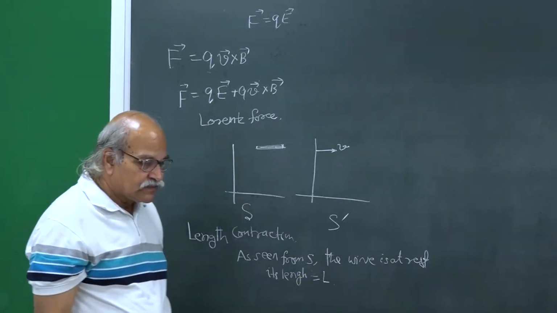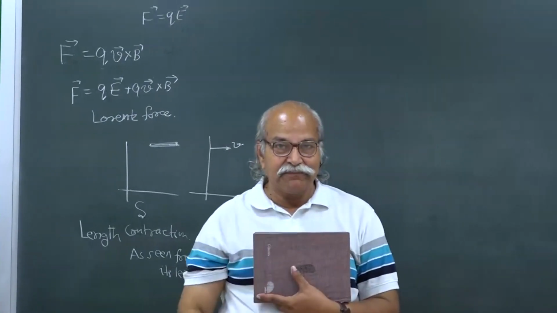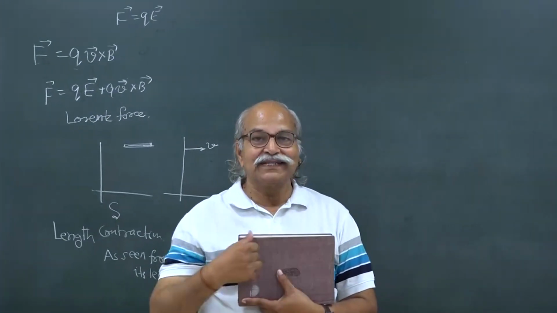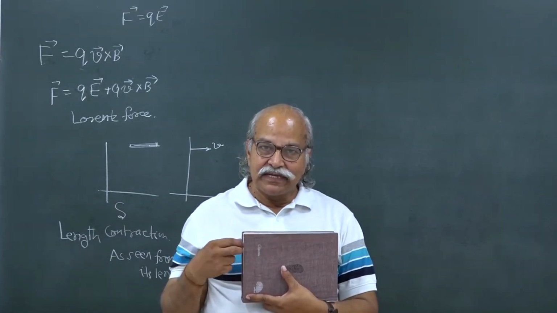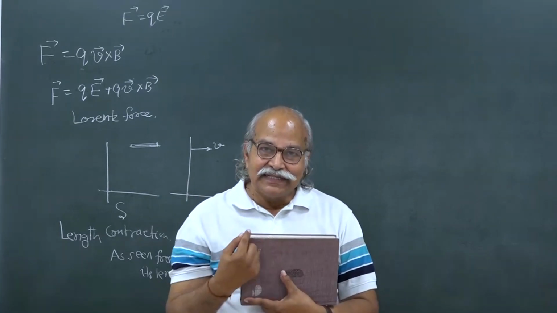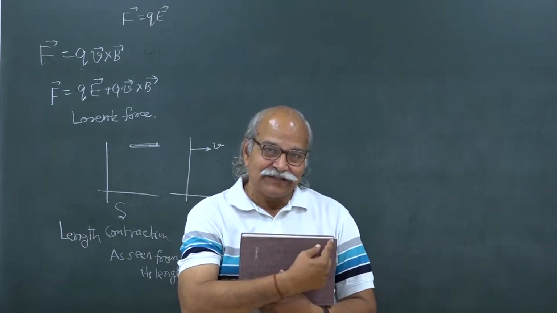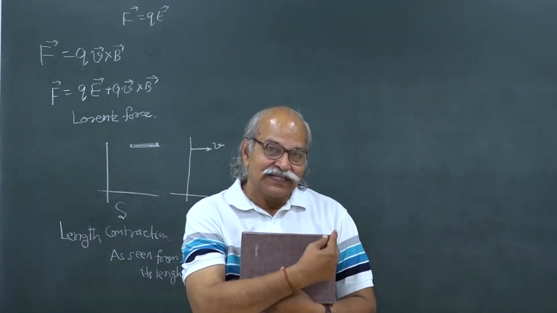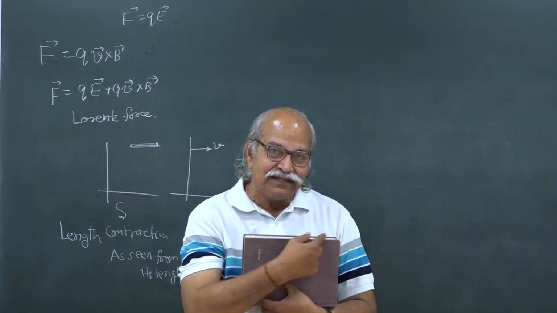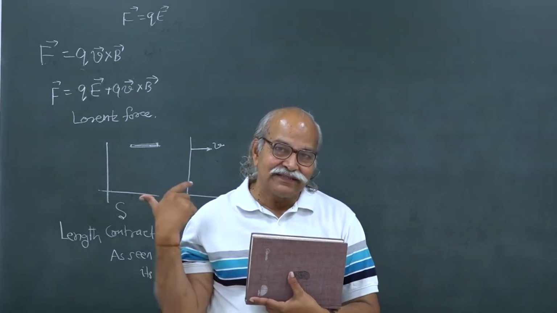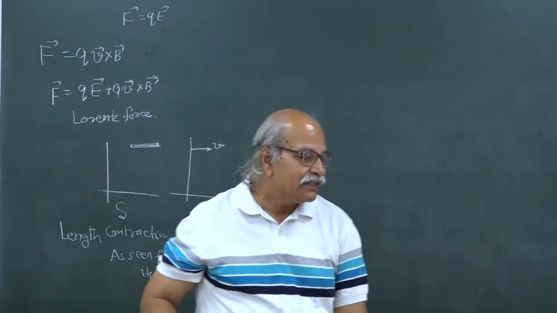Very simple. This book is at rest in this lab frame. I want to know this length, so I can bring a meter scale, read what is written at one end, go to the other end and read that, and then subtract to find the length. That is the length if it is at rest with respect to me. That length here is L.